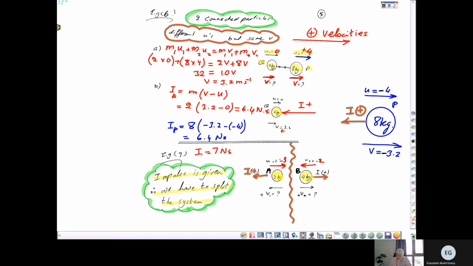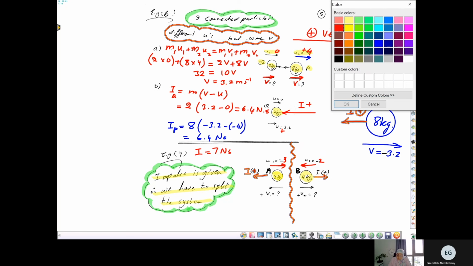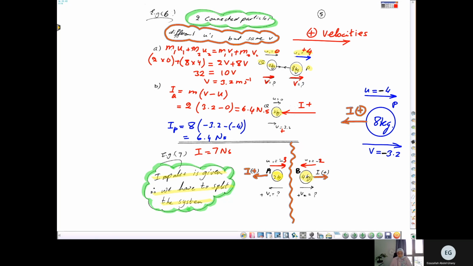Impulse is opposite direction of U, and we'll substitute in the impulse formula, which is I equals mv minus mu. I is 7, and if this impulse going to the left is the positive direction, so initial velocity is -3.